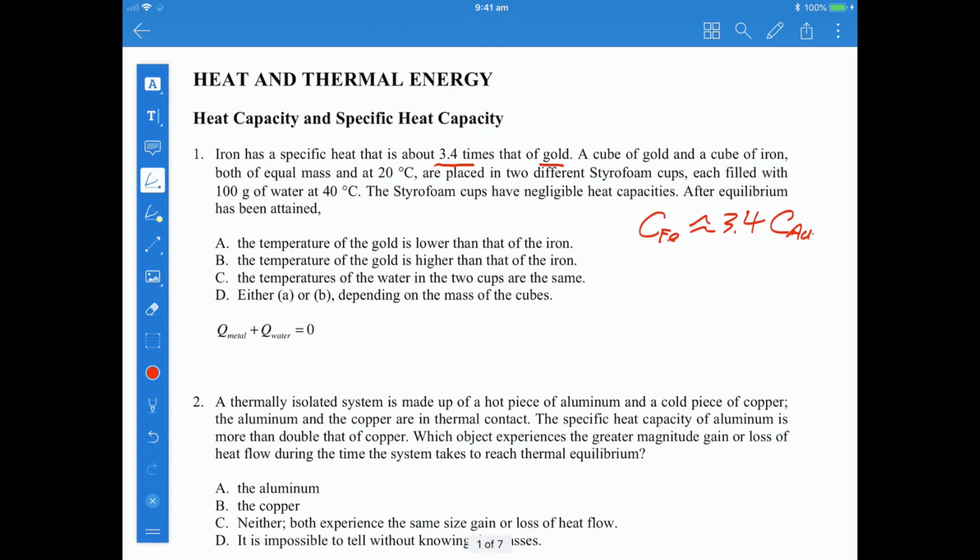Now if you look at this, this is iron and this is gold, both at 20 degrees.